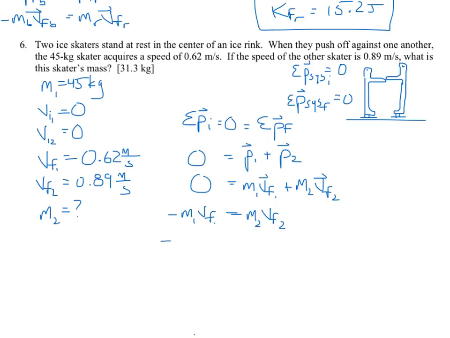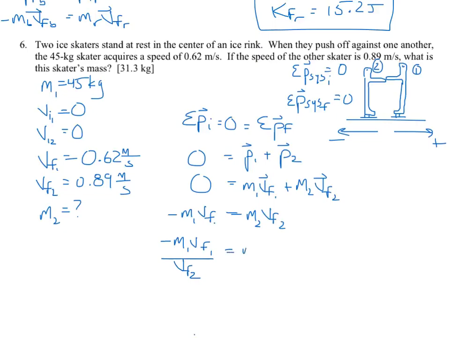By the way, I'm going to call this person 1 and this person 2. And 1 is going in the positive direction, 2 is going in the negative direction. I guess I should have specified that. Establish your directions, which one is positive, which one is negative. We're solving for this mass 2, so we're going to divide down v final 2.